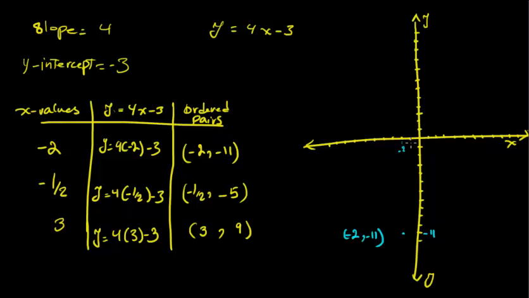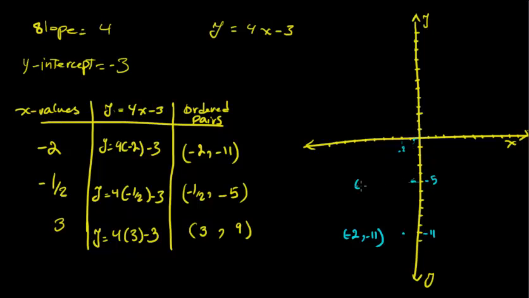Then when x is minus half, y is minus 5. So x is minus half and y is minus 5. The second point is at this point.